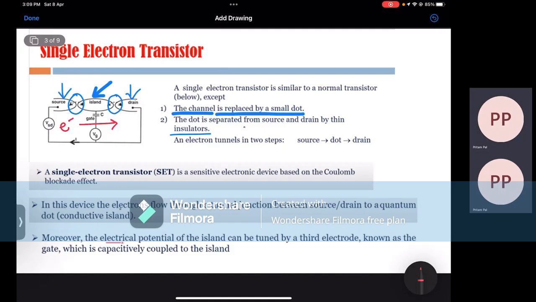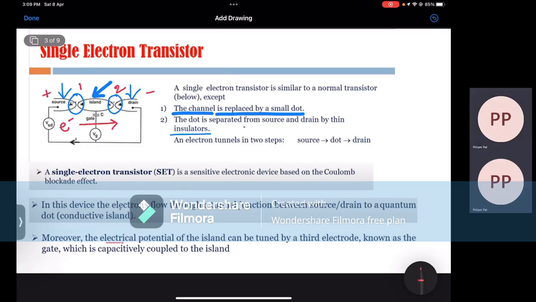So tunneling will take place at two junctions: one is source to island, and the second is island to drain. You can consider this side as positive, and this side as negative.